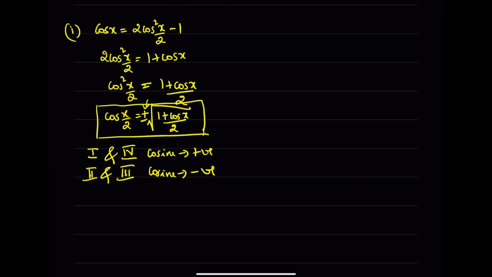So now the next variation we want to understand is, we know that, let's check, cos x is equal to, the sine format is 1 minus 2 sine square x by 2. So if we rearrange this, we would get 2 sine square x by 2 is equal to 1 minus cos x.